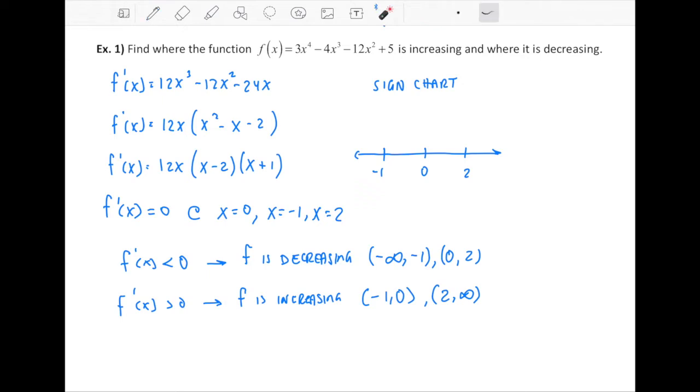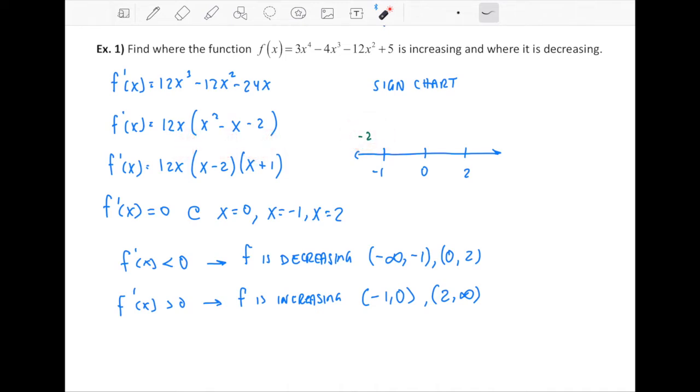Now I'm going to ask myself, is this positive or negative on each individual section? I'm going to pick some number on that interval, I don't care what the number is. Pick some number to the left of -1, say -2, and substitute it into each of our factors.